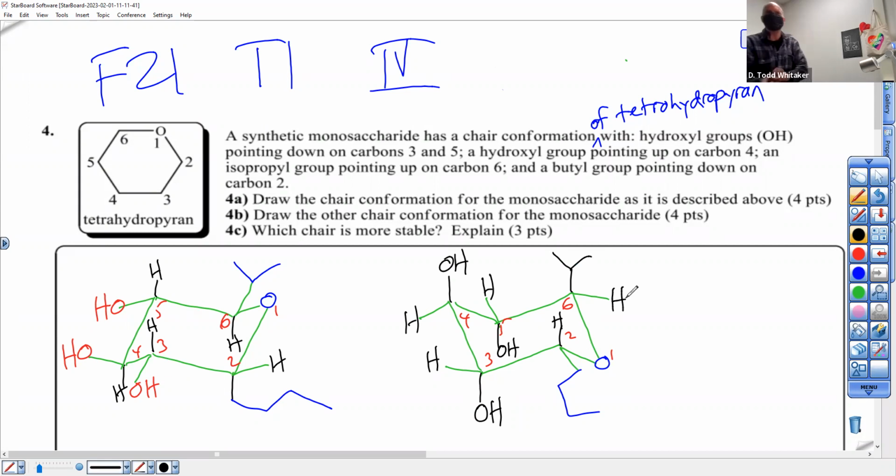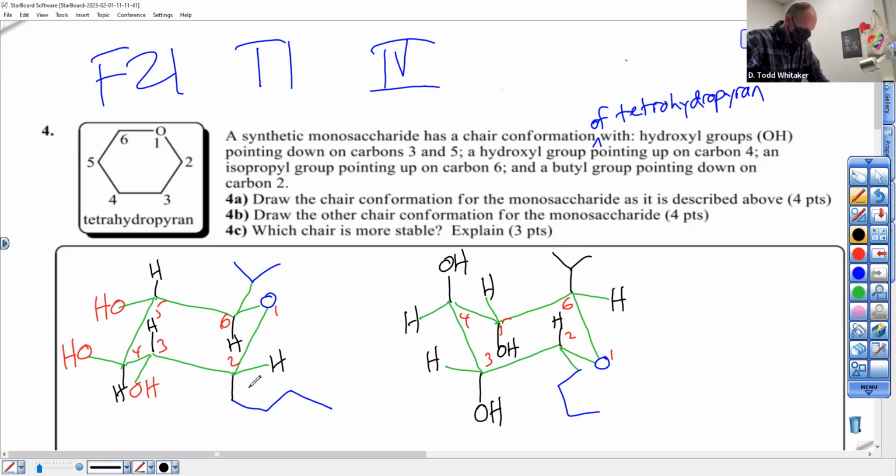Up stays up, down stays down. Axials become equatorials. There's an axial, and now it's equatorial. Here's an equatorial, and now it is axial, et cetera. And then we're going to count groups that are axial here. How many groups, things that aren't H?